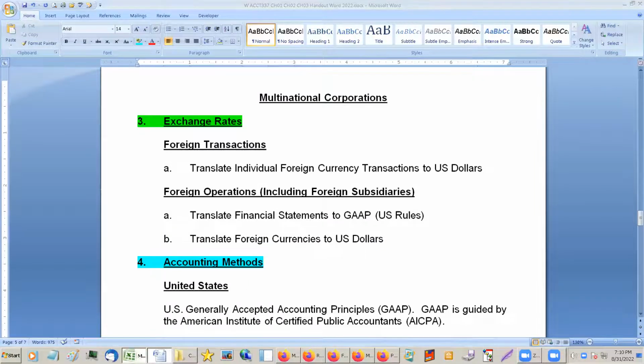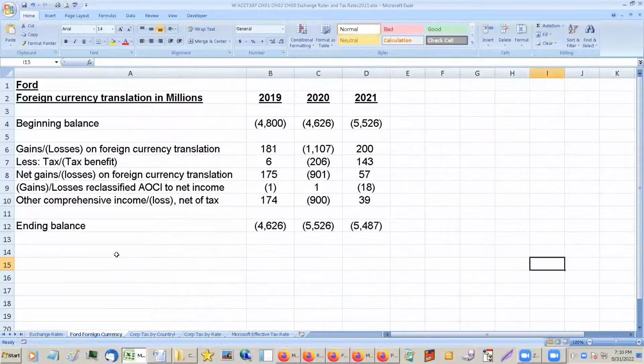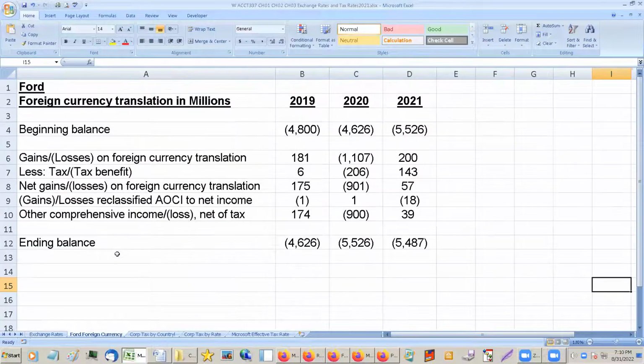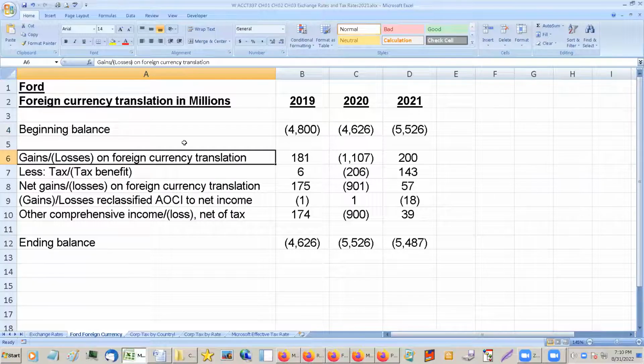And I just want to jump back, and I'm jumping around here. If you look on the tab that says foreign currency, these are their foreign currency translations from their foreign transactions.